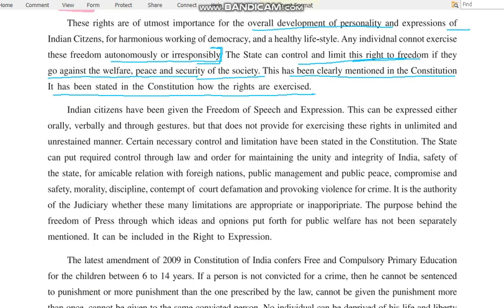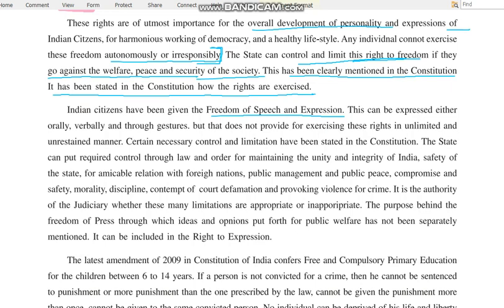Indian citizens have been given freedom of speech and expression, but speech and expression should not be used in such a way that it tarnishes or spoils someone's image. If it is used in such a way, then the other person can take help of the court.